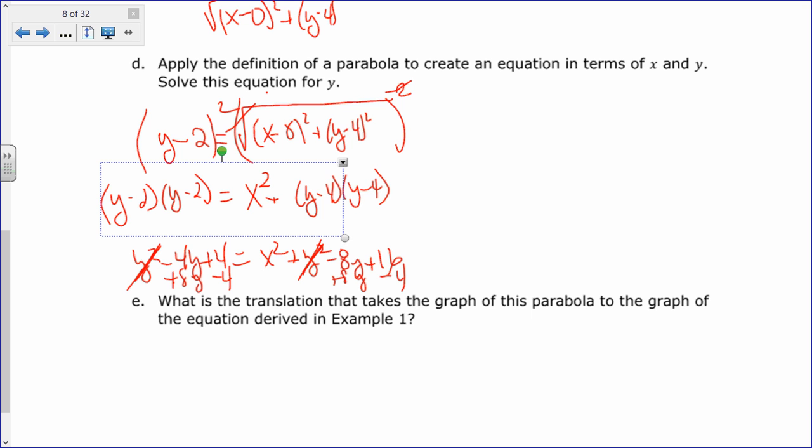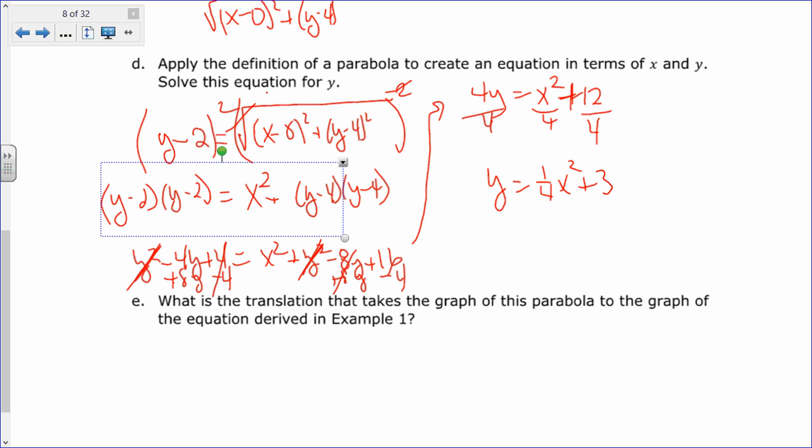So when I do that, I end up with 4y equals x squared, plus 12. So then I'm going to divide everything by 4 to get y alone. So y equals 1/4 x squared plus 3.